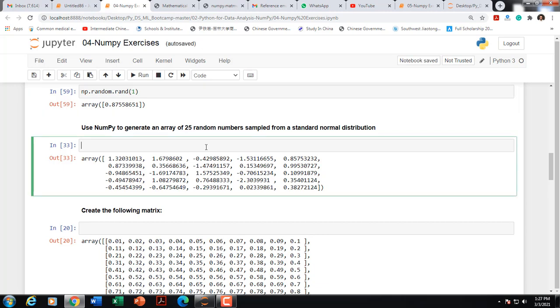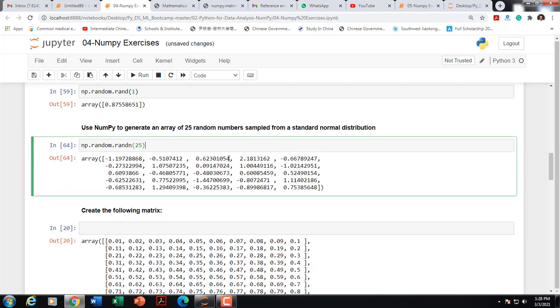Moving forward, we have to use NumPy to generate an array of 25 random numbers sampled from a normal distribution. Okay, then we will say np.random.randn, I'll say 25.